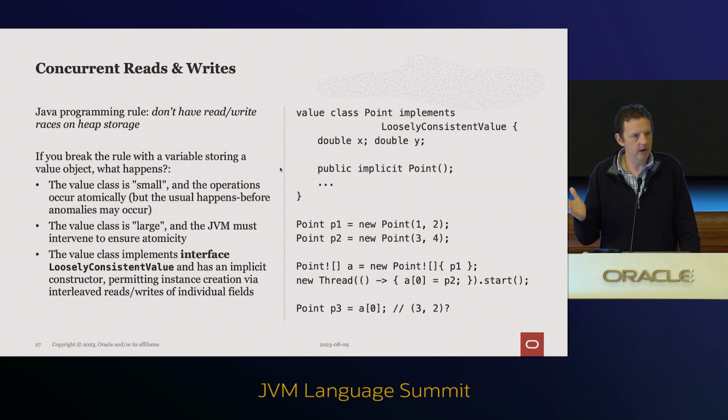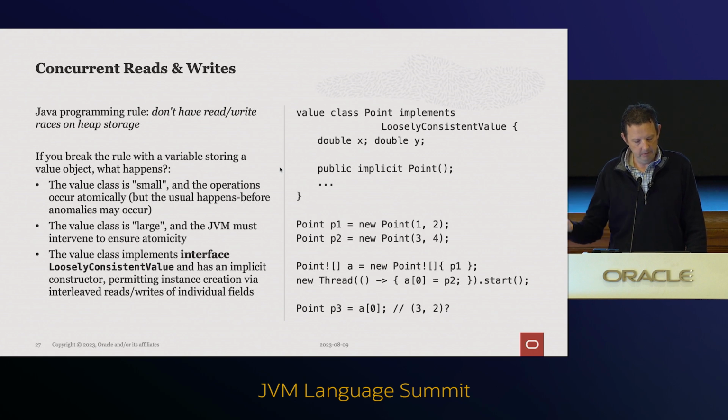So what happens if you have a race, you've got buggy code, and it accesses a null-restricted field or array? If the value class is small, then it'll just be atomic, and that's fine. The usual anomalies about the memory model, what happens before what, you might still observe those. If it's a large value class, then by default, we're going to ensure atomicity.